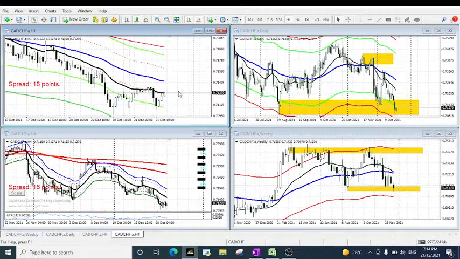Okay, we are at a daily support here. The first time we touched, you see the strong push. We came for a retest the second time and pushed up. The third time, we're going deeper into the zone. But on the hourly chart, we are starting to consolidate.